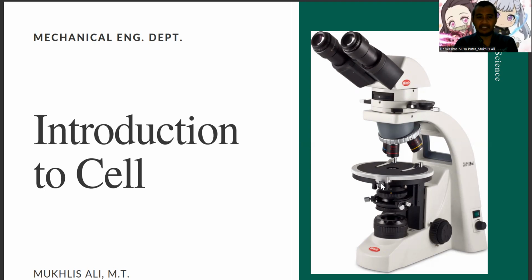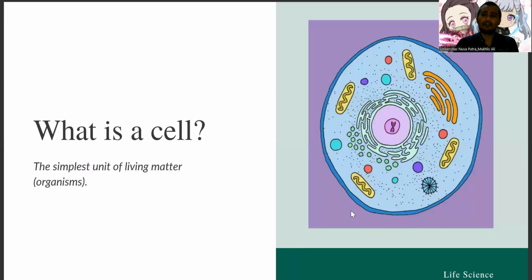We meet again in our Life Science course, and this time we will talk about Introduction to Cell. What is a cell? The definition of a cell is the simplest unit of living matter or organisms.